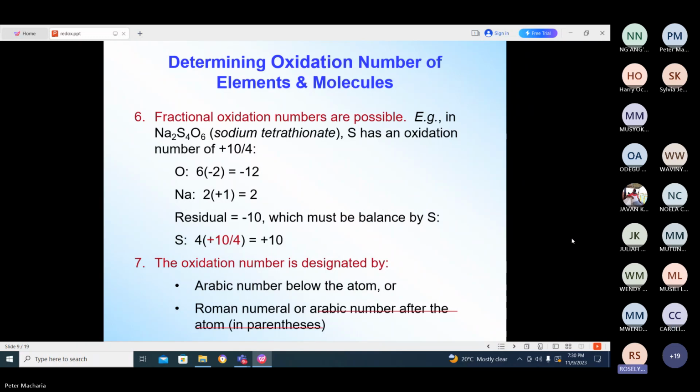It is positive 6, because 4 times negative 2 is negative 8, plus S, which is 1S, is equal to negative 2. So S is equal to plus 8, of course, 2 minus 8, 8 plus negative 2, which is plus 6, isn't it?